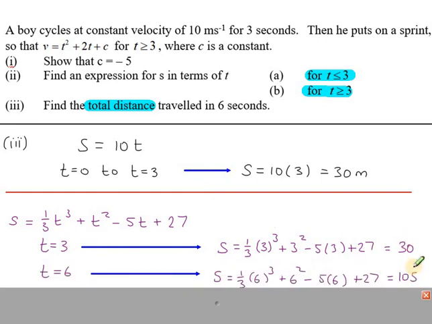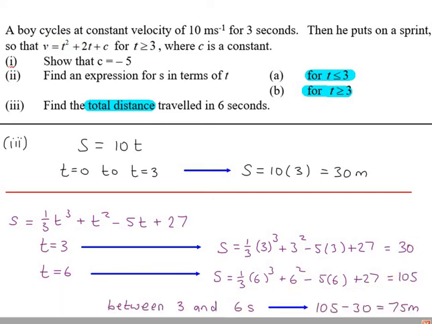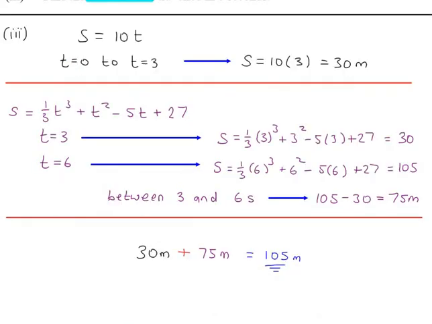At t equals 6, it gives 105. The difference between these two is 75. And then you add the initial one in the first 3 seconds to this value in the following 3 seconds, 105 meters.